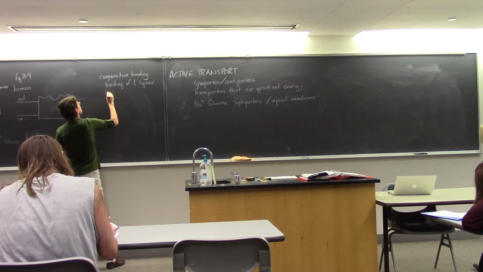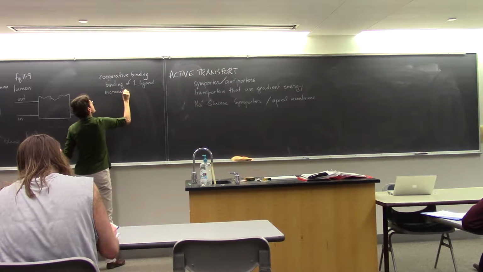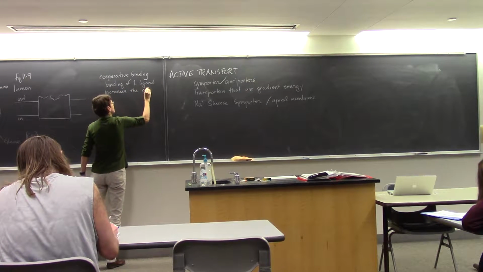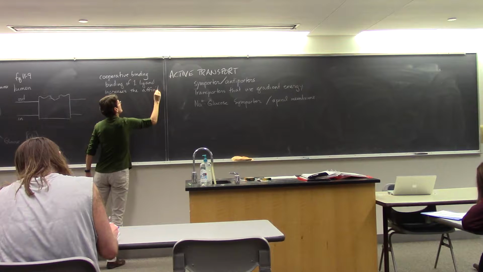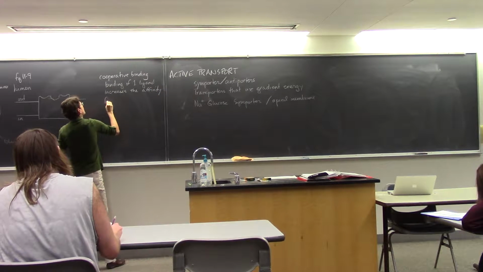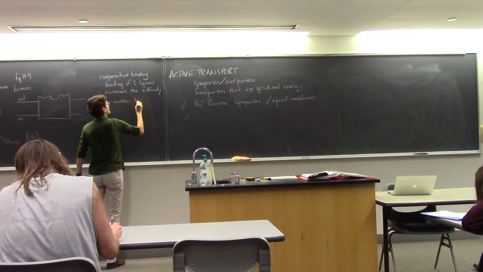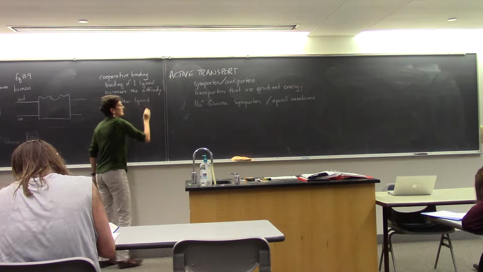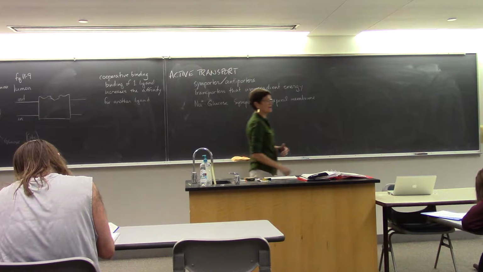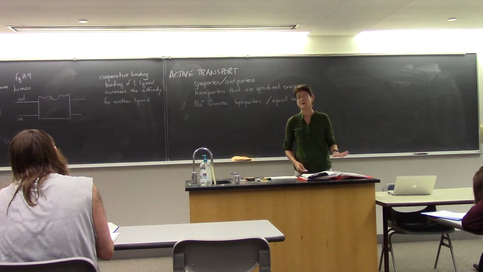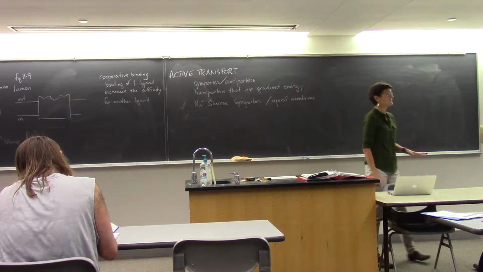I'm going to have to erase this. Increases the affinity for another ligand. So when these carriers are empty, there's no ligand bound, the carriers have fairly low affinity binding sites.